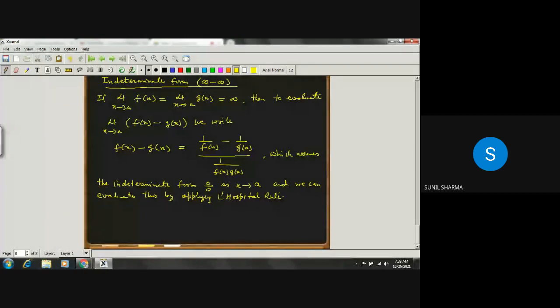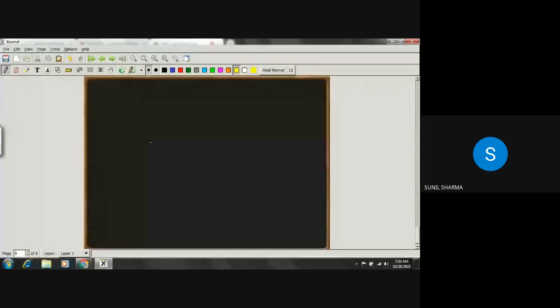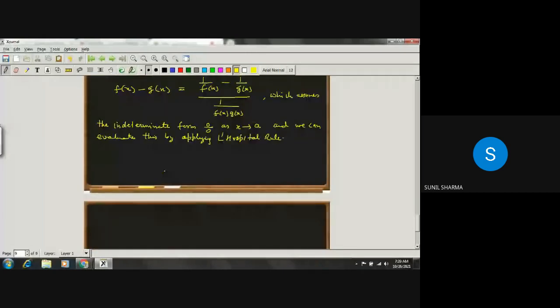So, if a function is in the form of infinite minus infinite, then we can convert it into 0 by 0 form first and then apply L'Hopital rule.